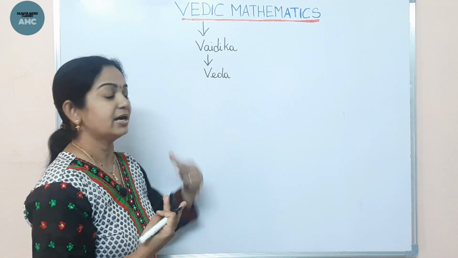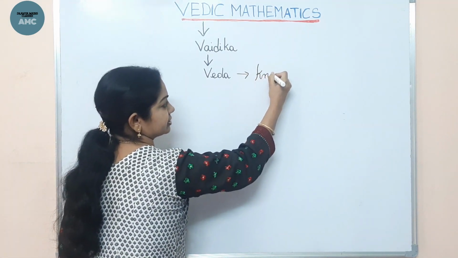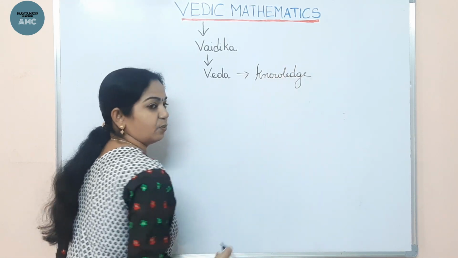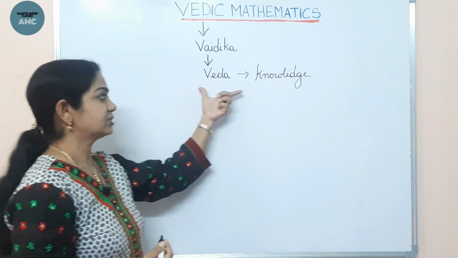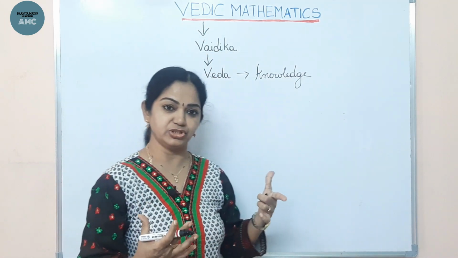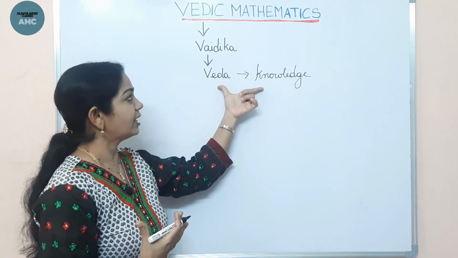Now, what do we mean by Veda? It is knowledge. Veda is knowledge. So Vedic mathematics is a new approach into the world of mathematics wherein knowledge is being included.